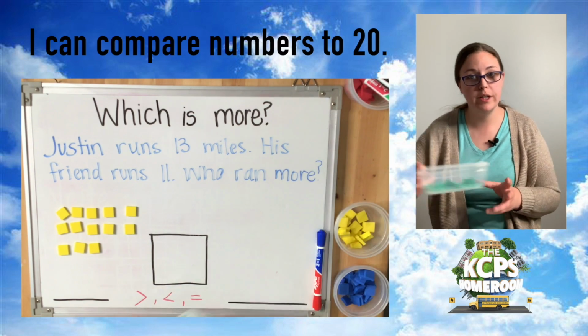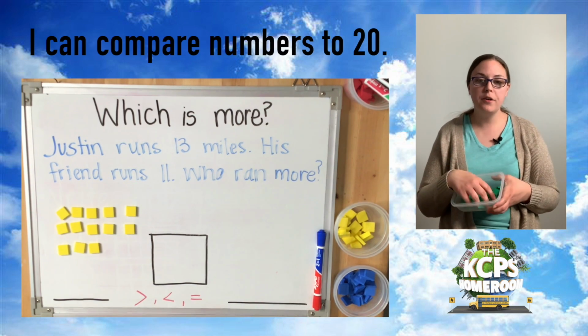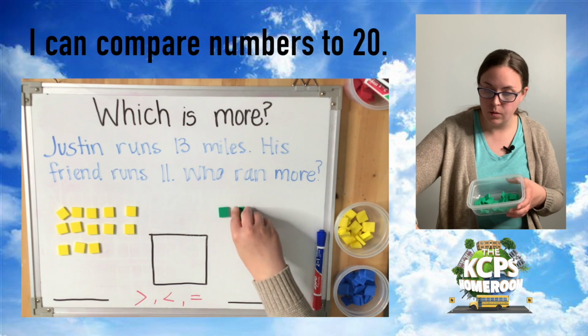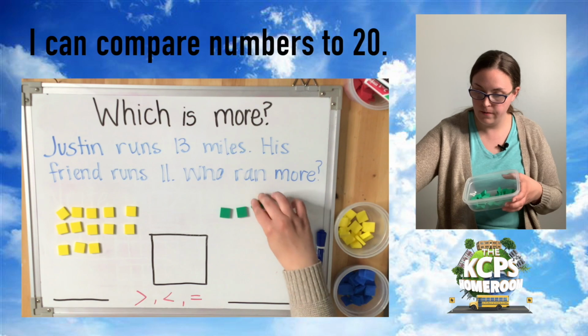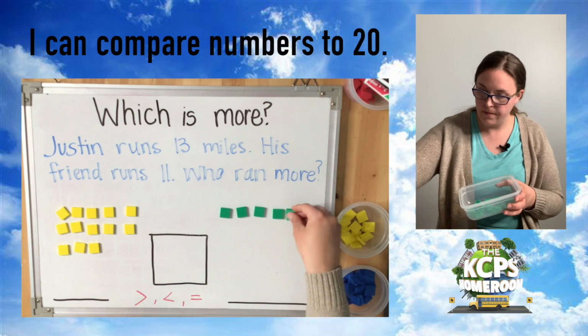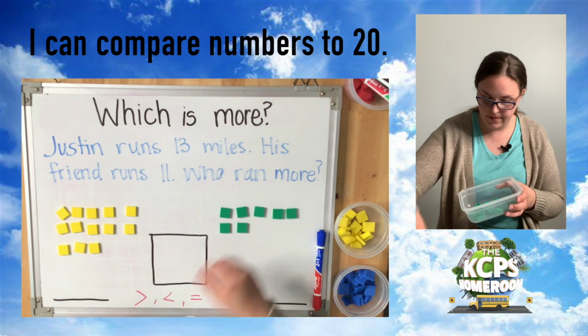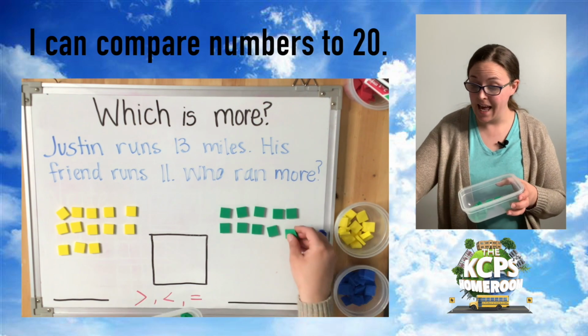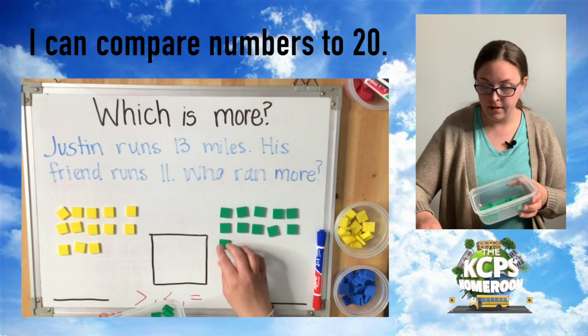We're going to use the green counters to model how far his friend ran. His friend ran 11 miles. 1, 2, 3, 4, 5, 6, 7, 8, 9, 10, 11.